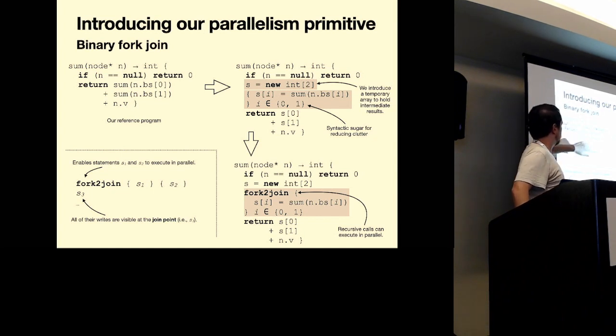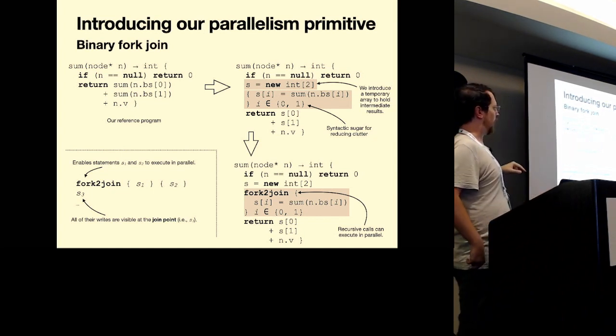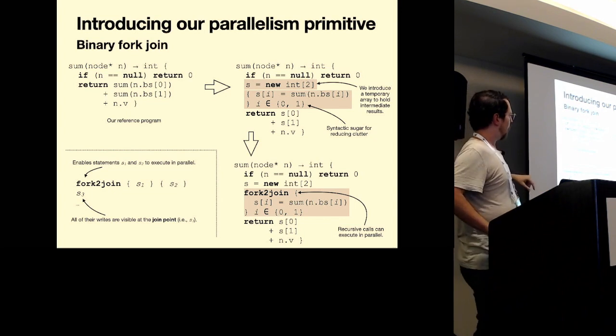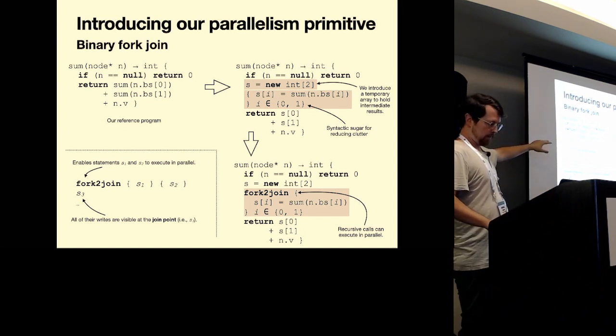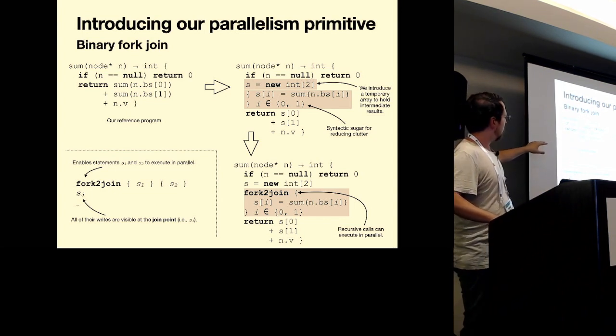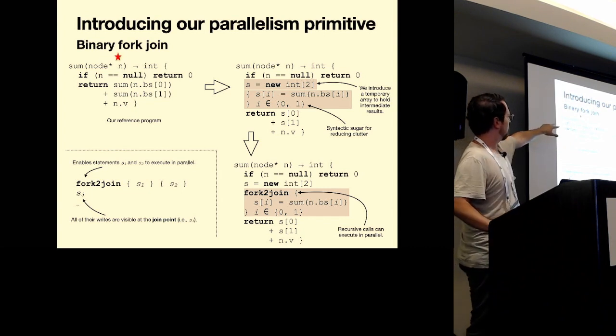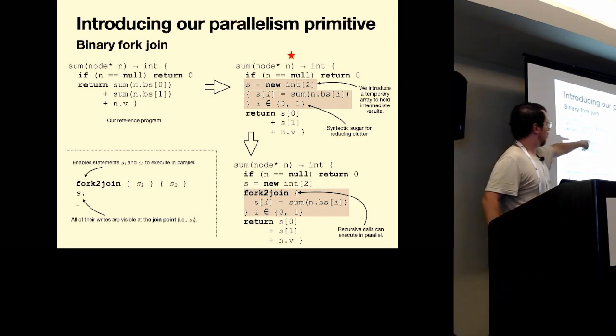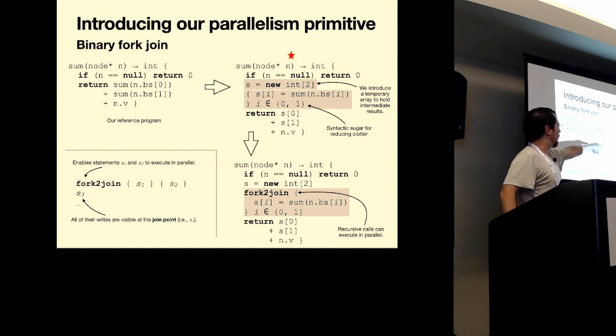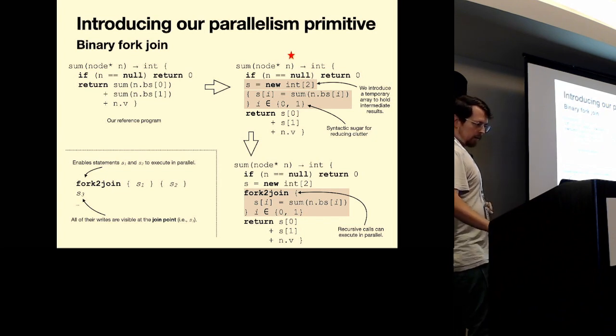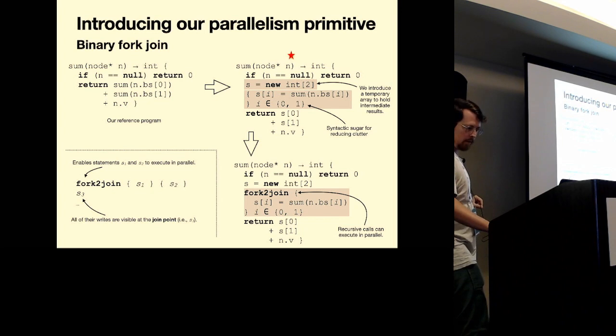So we have these two recursive calls here. I'm just allocating an array called S to store the results. Also, I'm going to use a red star to indicate where we are, and I'm also going to use this funky notation just to compact these recursive calls into one statement. Okay, so just stop me if anything's not completely clear.